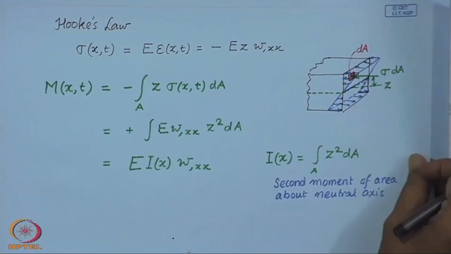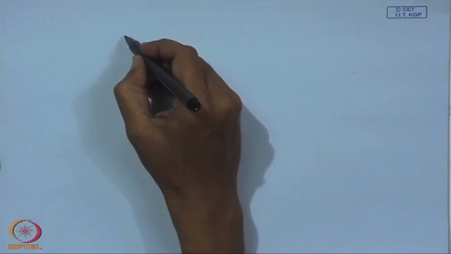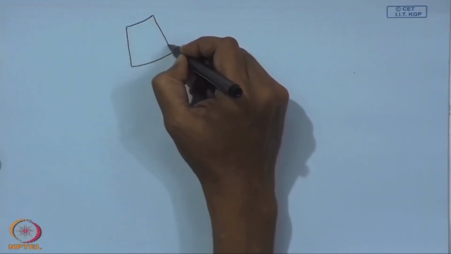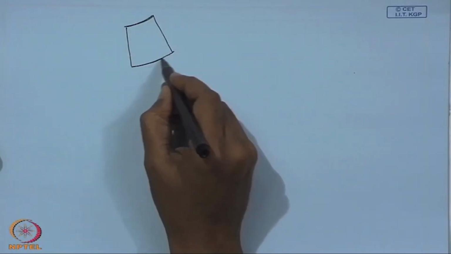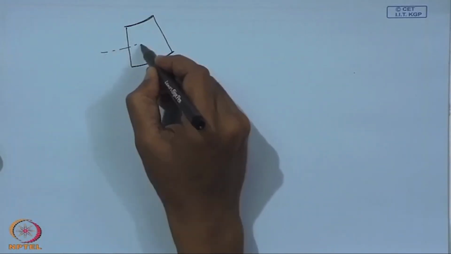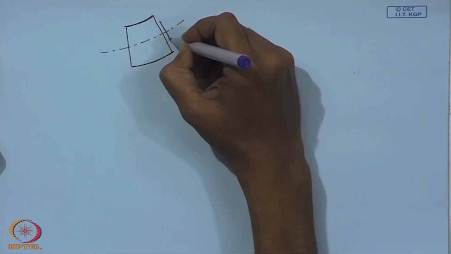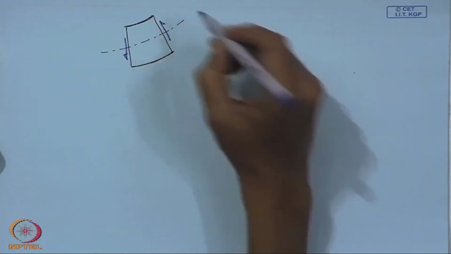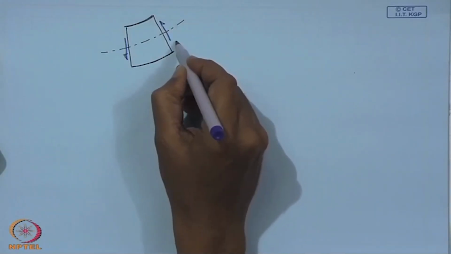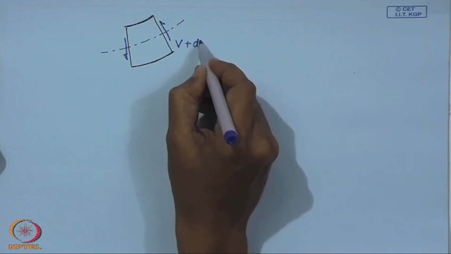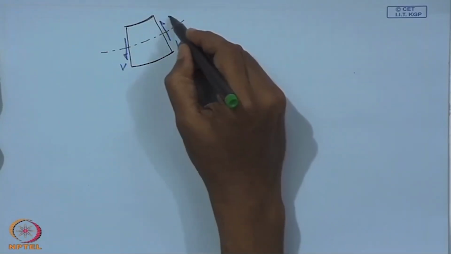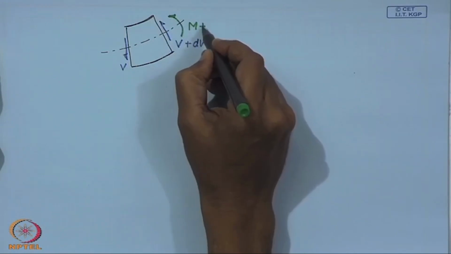So, now let us once again look at the free body diagram of this little element of the beam and introduce the interaction forces. So, we have the shear forces at these faces and the bending moments.